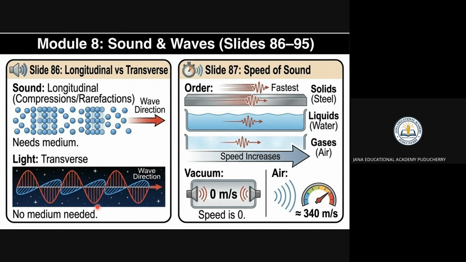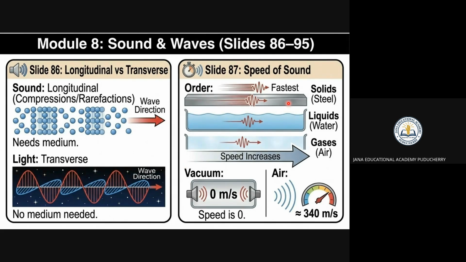Light waves are electromagnetic waves. These all come under transverse waves. Keep in mind that transverse waves show polarization.